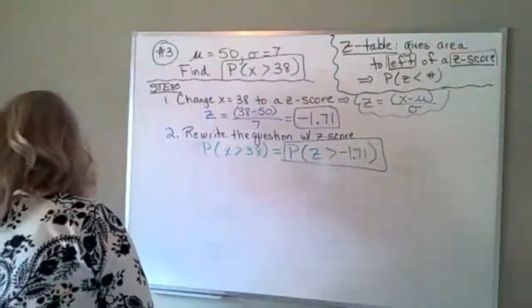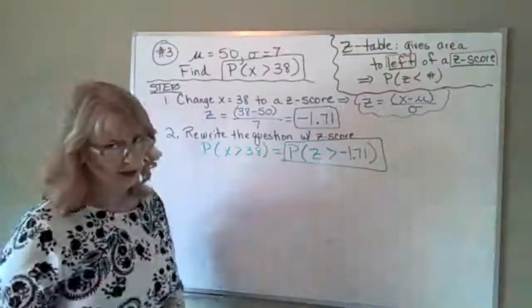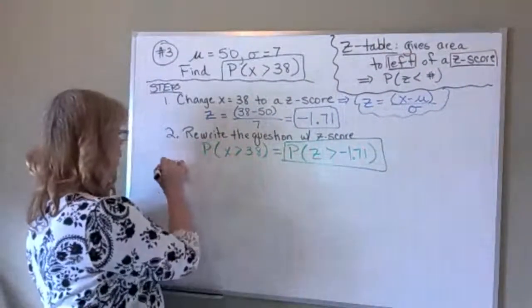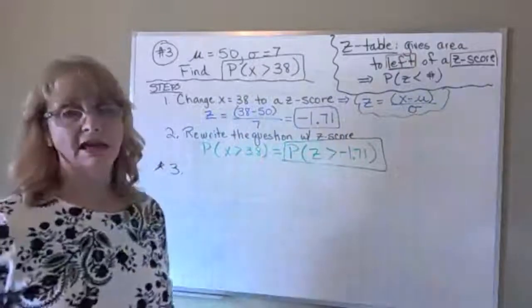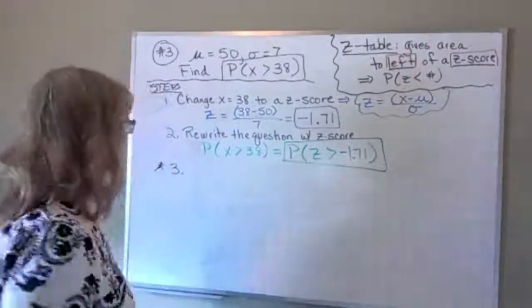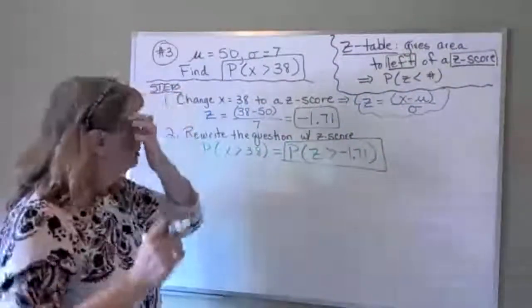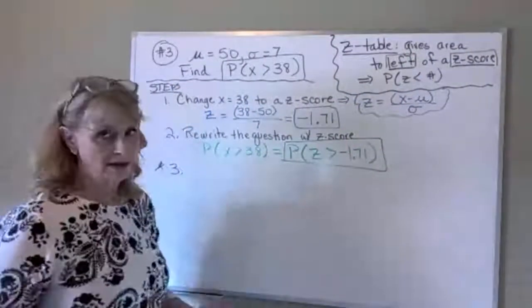Step 3. Step 3 is a really important step. And when I ask you for your work, these are the things I'm going to look for. All the questions from 5.2 basically look like this.